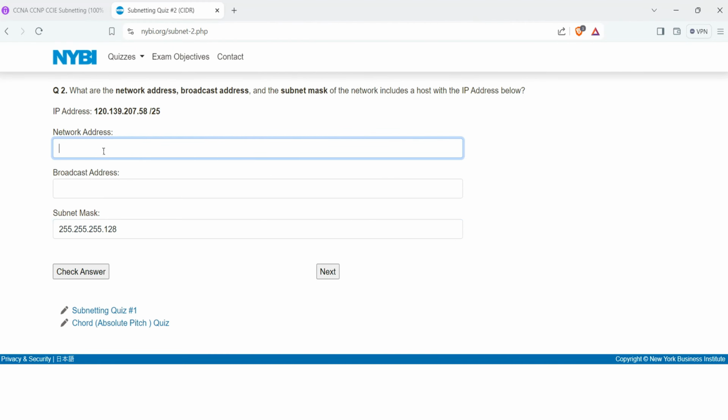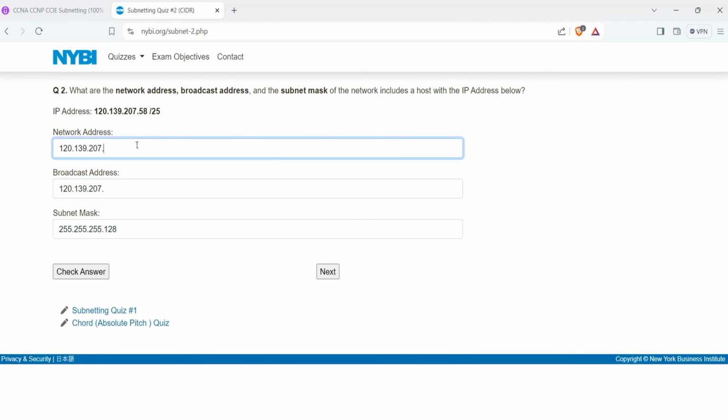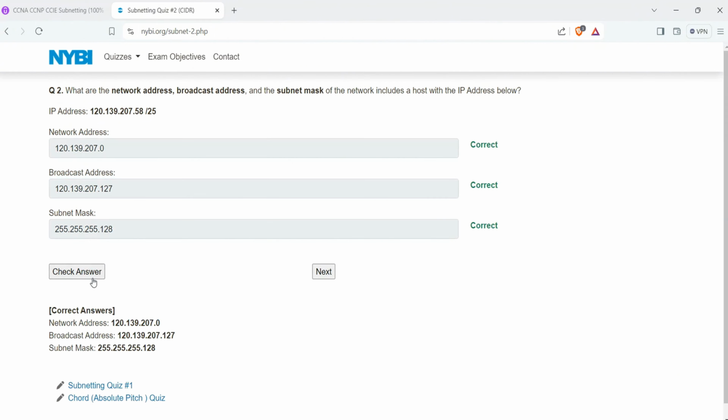So the first three octets don't change. 120.139.207 dot. So where does 58 fall under if I'm jumping by 128? 0, 128, 256, right? So 58 falls in between 0 and 128. 0 is a network ID, and 128 is the next network. 127 is a broadcast. And I'm going to check answer.